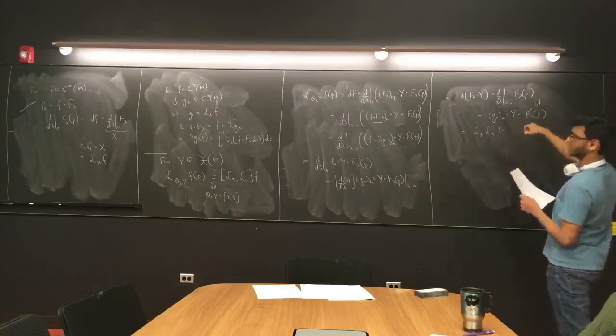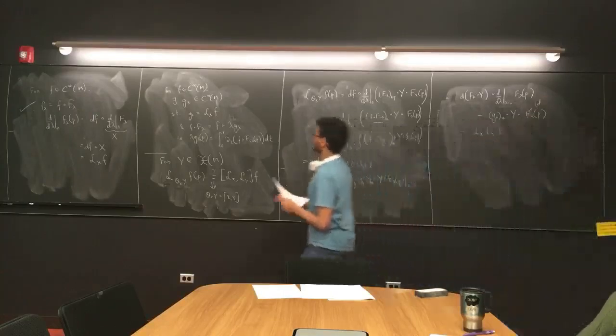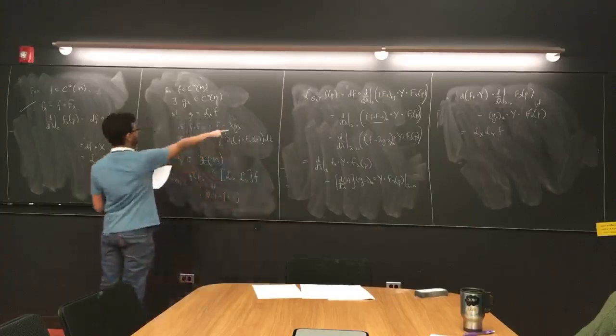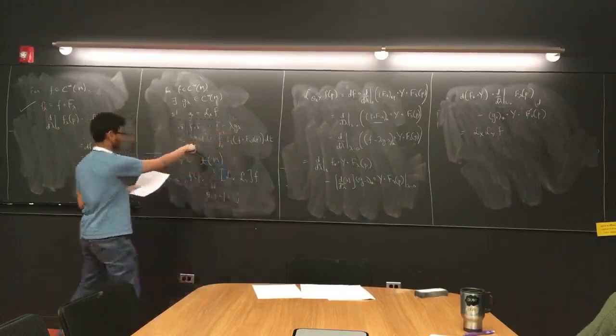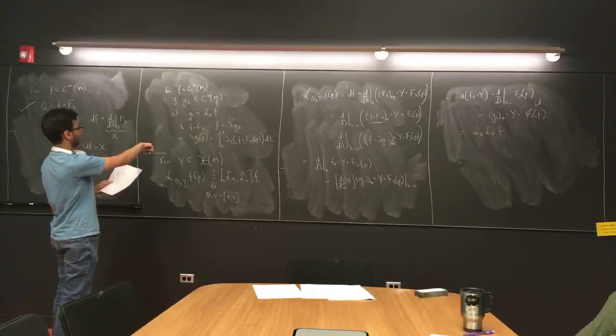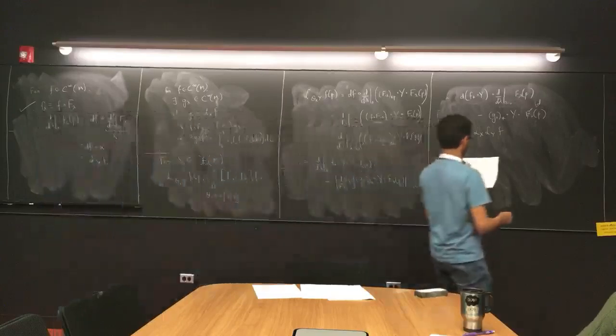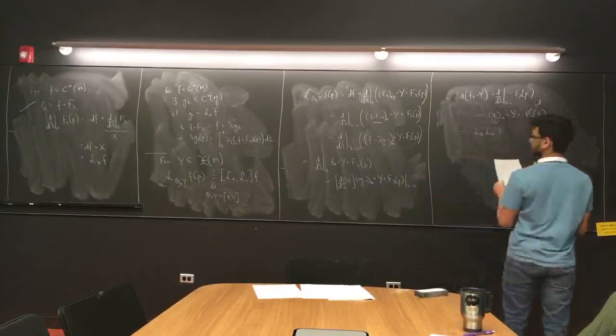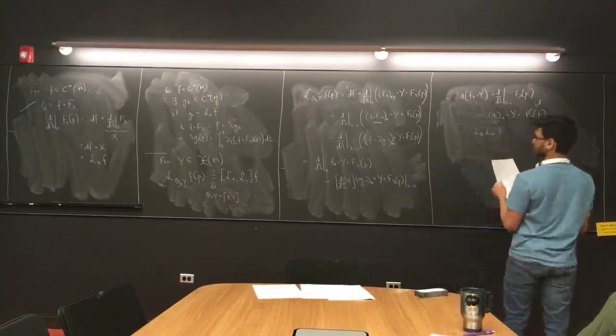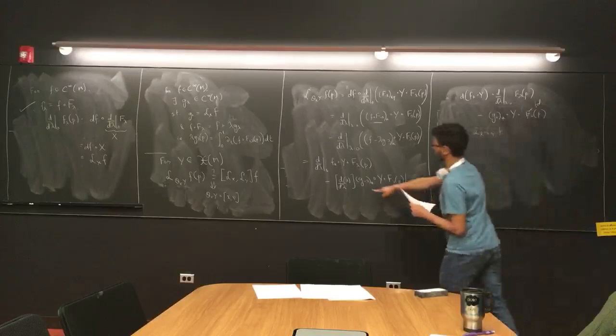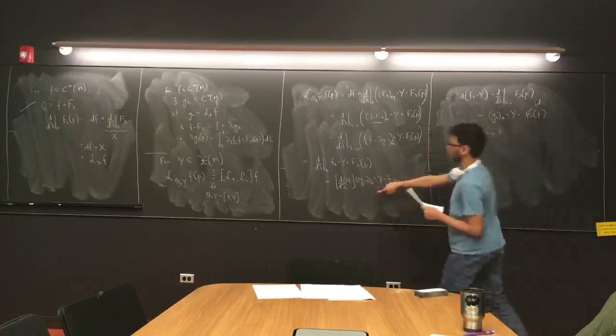Wait, what was g0 star? Where do I see that? There should be a function somewhere. No, the function is in this. Yes, within g.